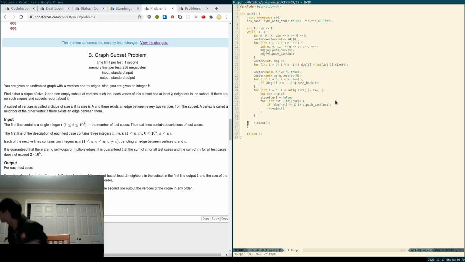So let's just assume that this thing's empty, which means that there is no subset such that everyone is connected to at least k.